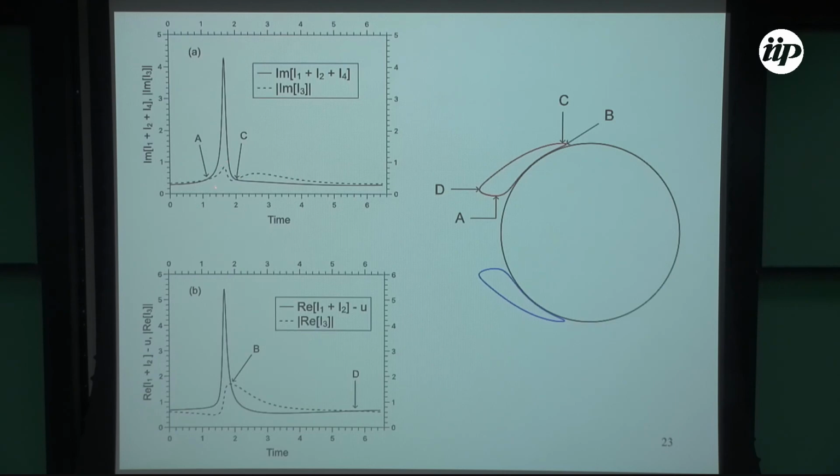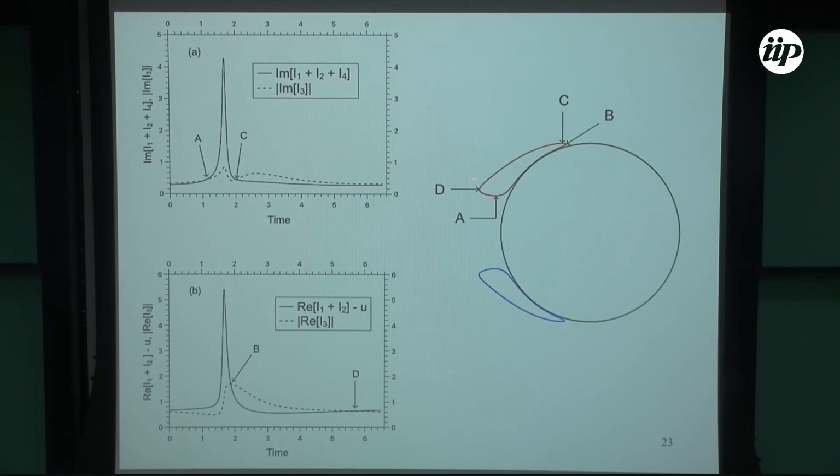So when you go from A to C, the background loses the battle against the other contributions, and this is clear from the picture. From A to C, the background superflow tends to push the vortex to the left, but it's moving to the right. This is the reference frame of the particle.